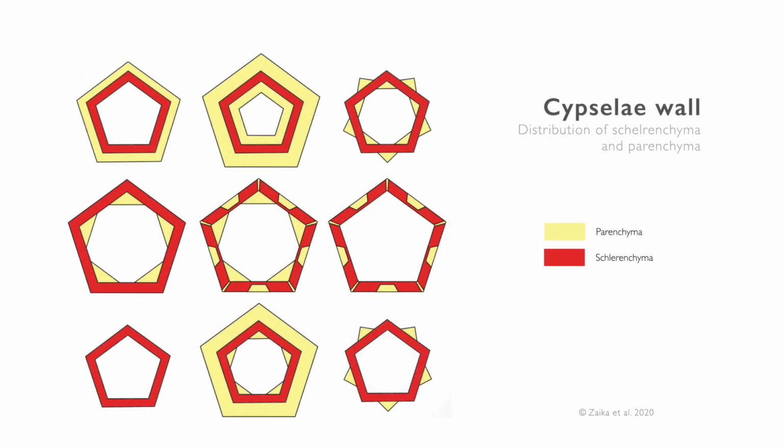In a paper by Tica et al. from 2020, they studied the structure of the cypsela wall, how the sclerenchyma and the parenchyma were associated. Well, look how interesting all the patterns that they describe for a grouping of Lactuceae. Very, very interesting.